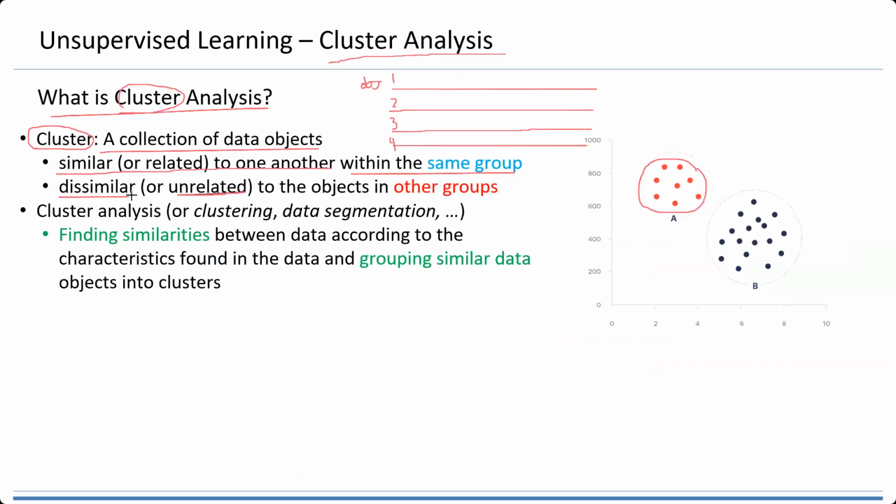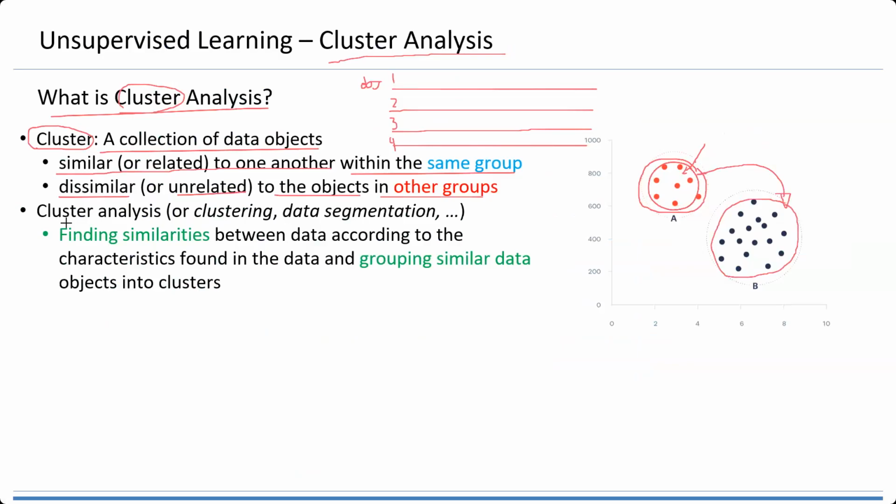If the data is not related to the objects, put it in another group. So the red color, because they are related, can be in one group. But this one is not related to the red color, so it is in a different group.